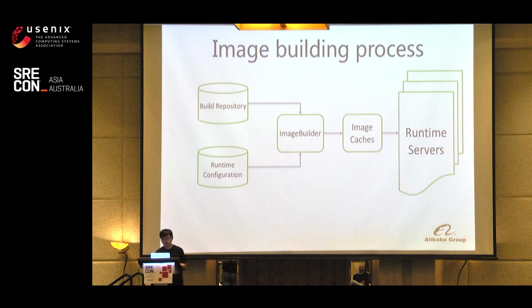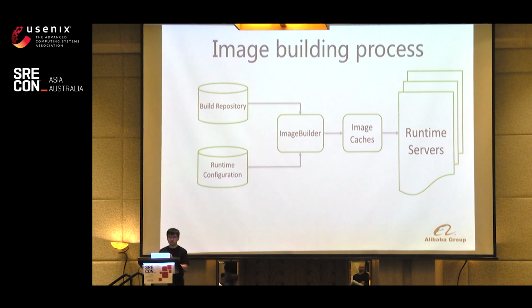And the image cache is actually serviced at the data center level. In each data center, we will have an image cache service. And then on the runtime servers, we have some local agents we named the downloader. It will fetch the image from the image caches.